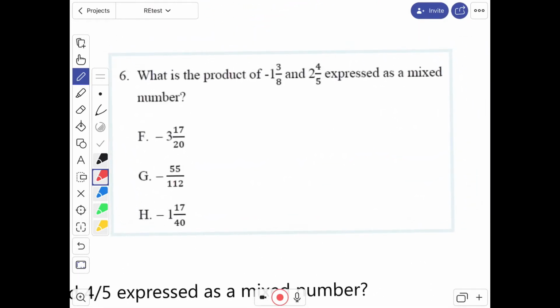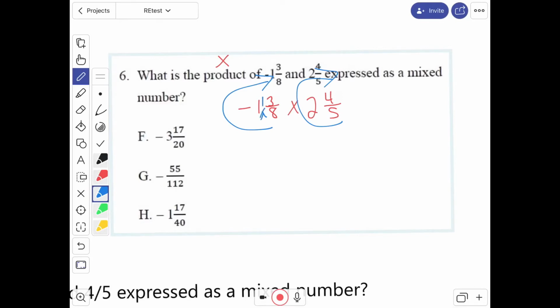Number 6, what is the product of negative 1 3/8 and 2 4/5? Product means to multiply. And before we can multiply, we need to do around the world to change them to improper fractions.